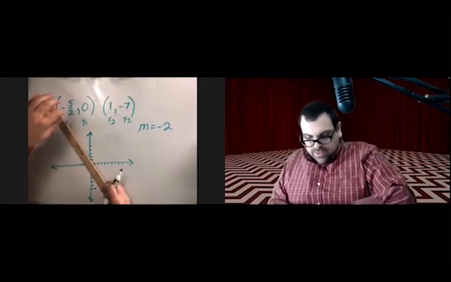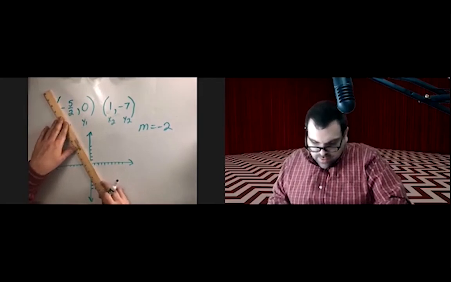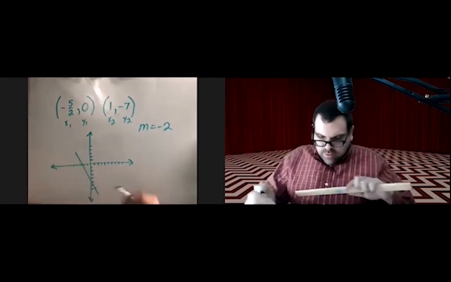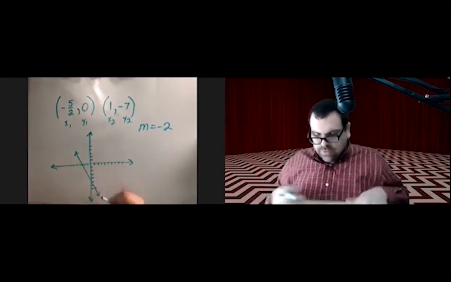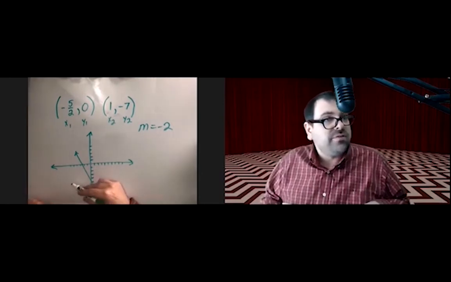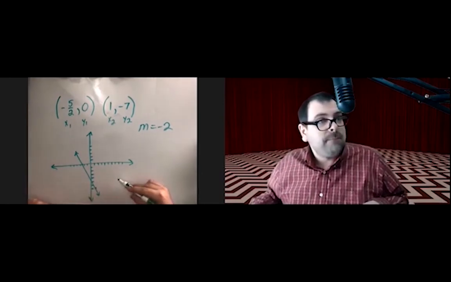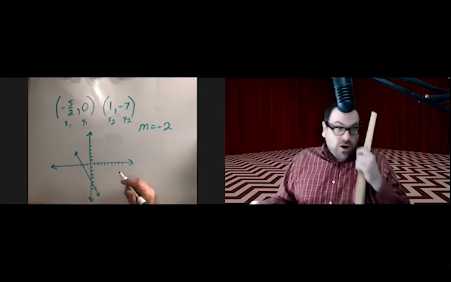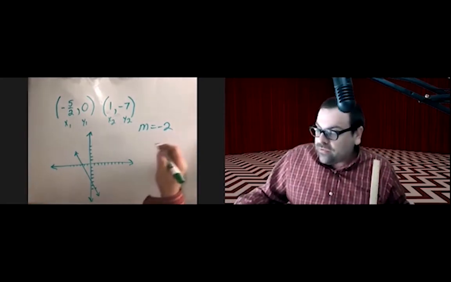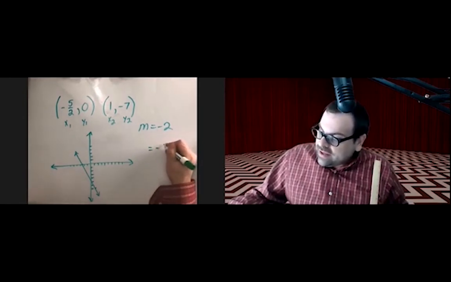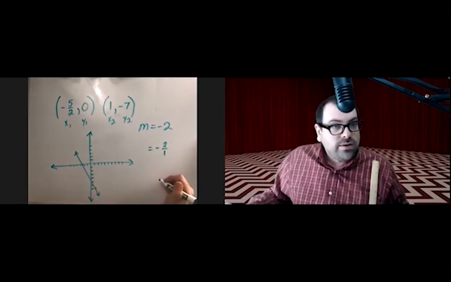So this line looks like that. Negative slope falls from left to right. And actually, it has a slope of -2. That's -2 over 1.